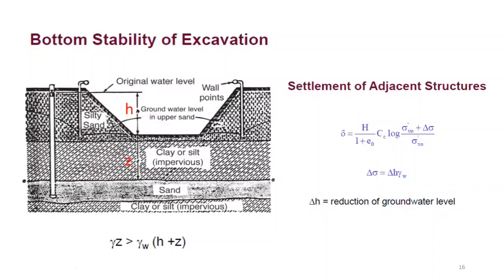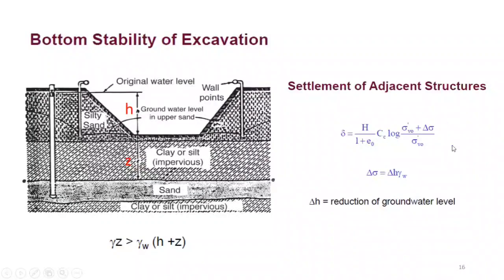Another thing you should remember in your design is that adjacent, nearby structures will surely settle once you are pumping the groundwater table. For example, if you have a structure nearby this excavation, your initial water table is here and the final water table is here, that means you created a change in water level. That delta H, the reduction of water level, times gamma W is actually the induced stress, the extra stress, the change in stress.